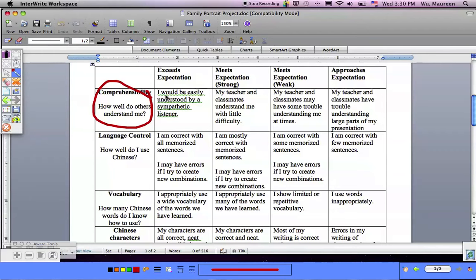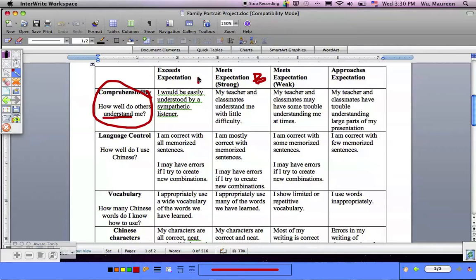Please note that you do not have to have perfect pronunciation. That's not the goal. The goal is how well do other people understand me. So if you meet expectations strong, which is a B, it means your teacher and your classmates can understand you with little difficulty.